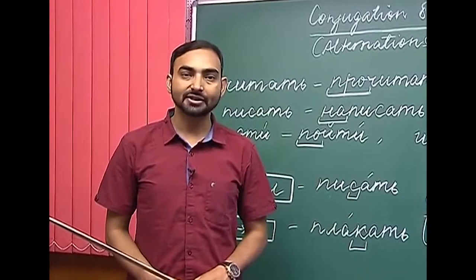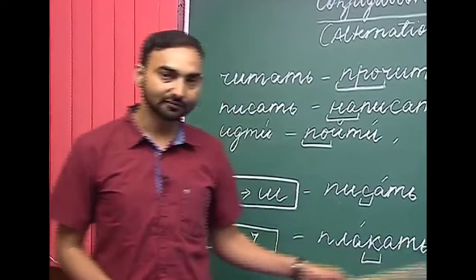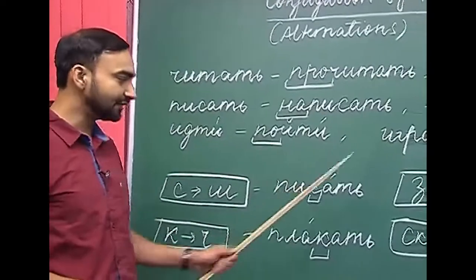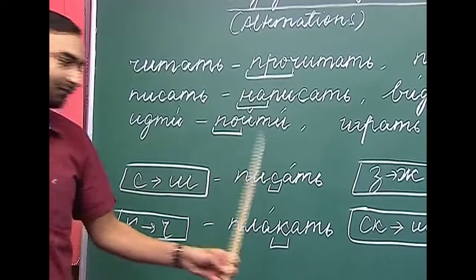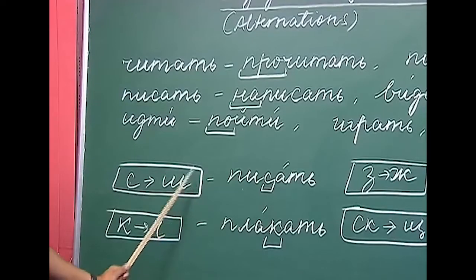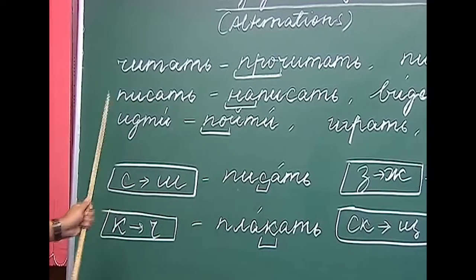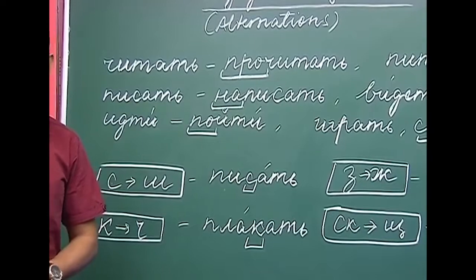These alternations can be categorized broadly into some categories. Here I have written some of them. Let us discuss them one by one. The first alternation happens when we change the consonant s to sh, as we have done in the case of pisach. So, how do you conjugate pisach? Ya pishu.